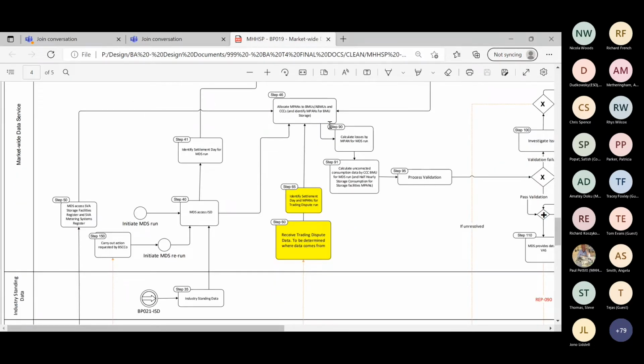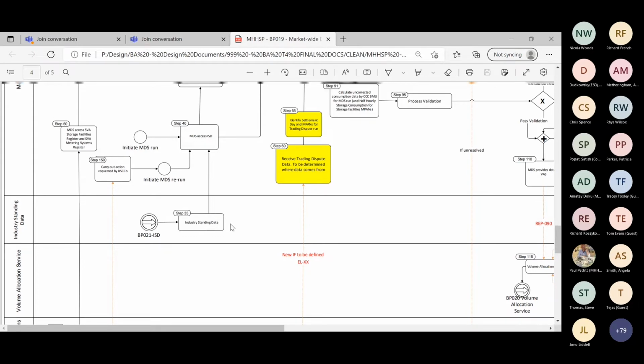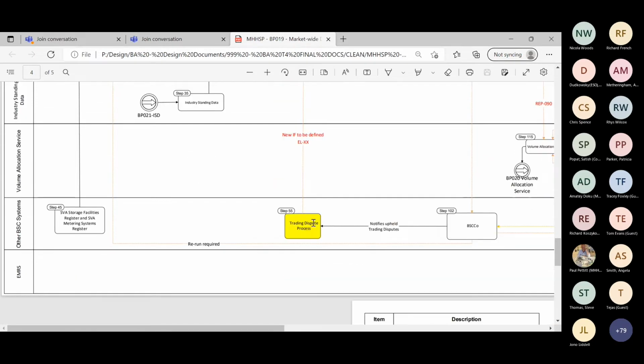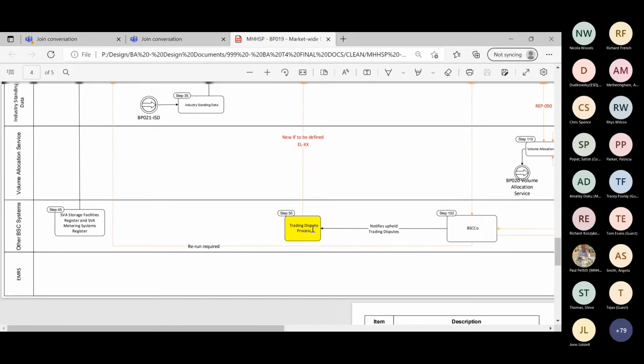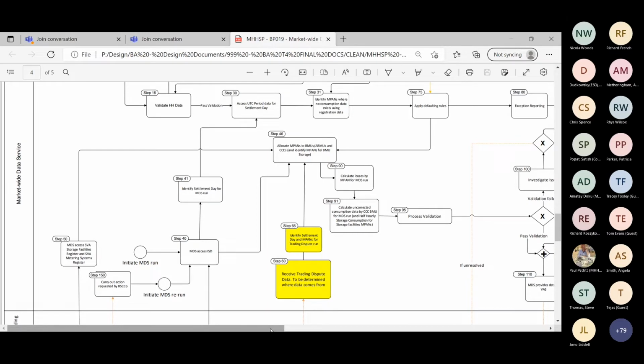Once it's done that, it will do the loss calculation, and it can aggregate up all of the loss data. It is also using various bits of information elsewhere, such as that industry standing data that we've got. There are also processes to deal with disputes within that.